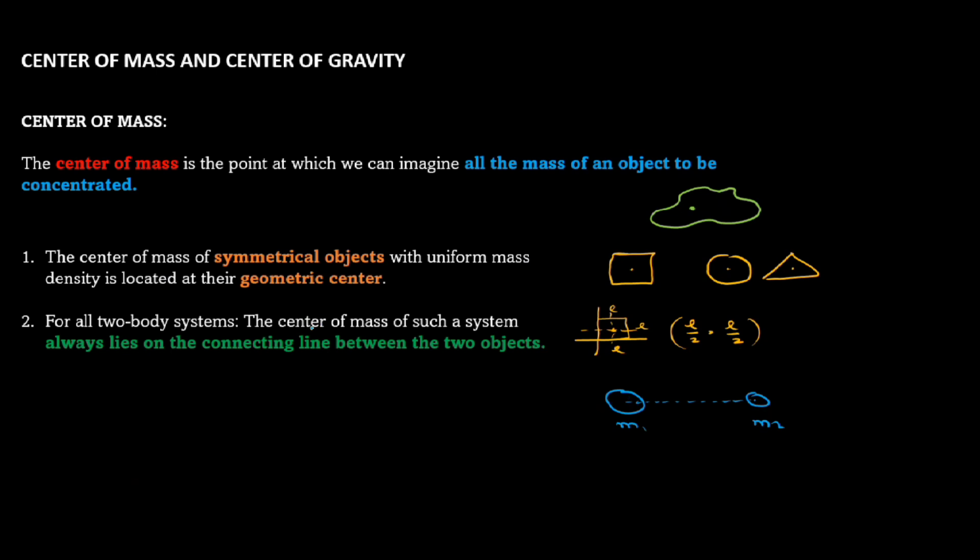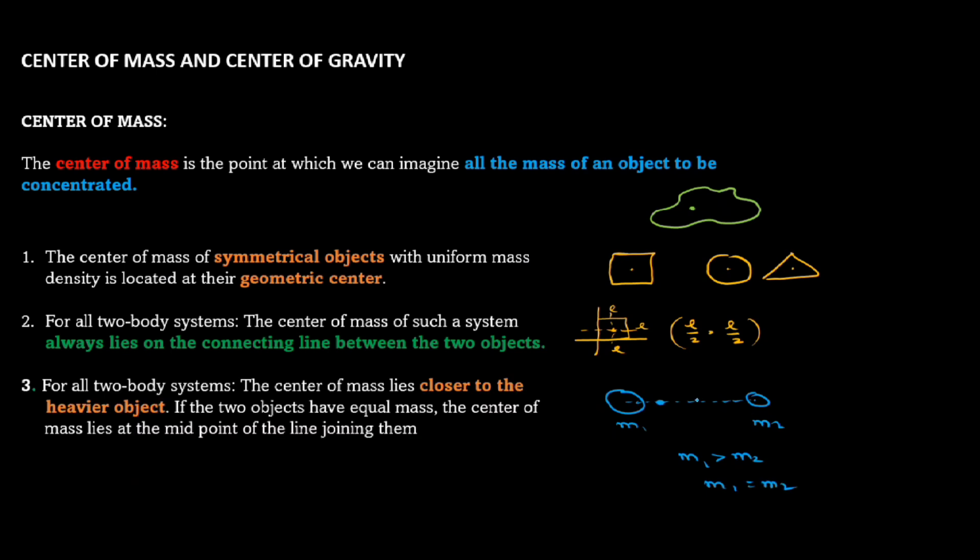It is always closer to the object which is heavier. So if m1 is greater than m2, center of mass will lie closer to m1 and away from m2. If m1 and m2 were equal, center of mass will lie at a point midway between them. So if both of them had the same mass, center of mass will lie on the line joining them, at a point midway between the two.